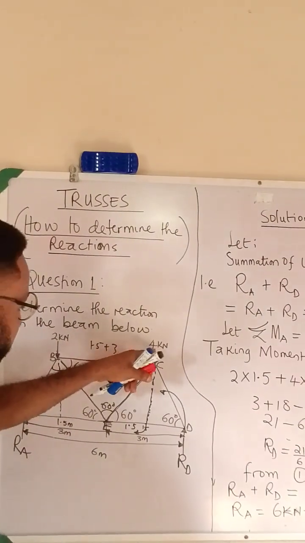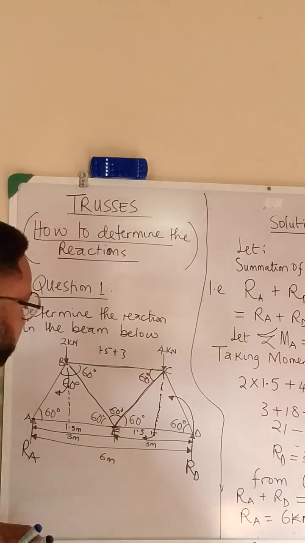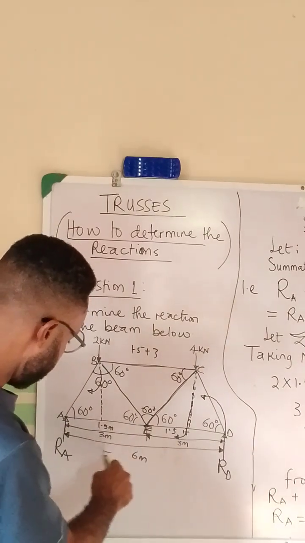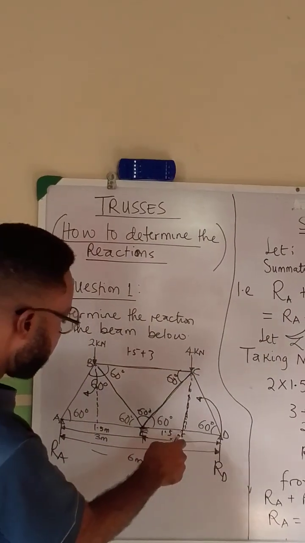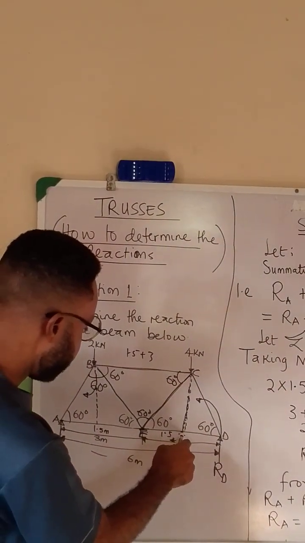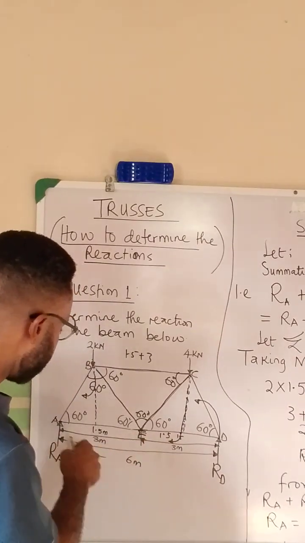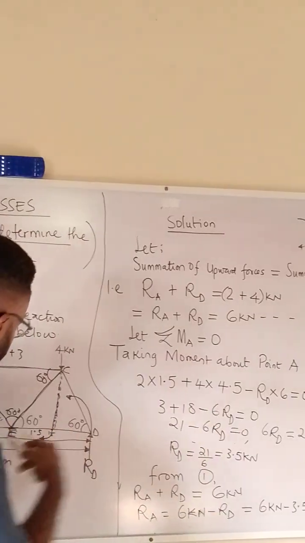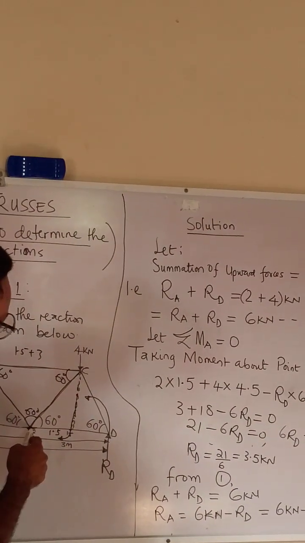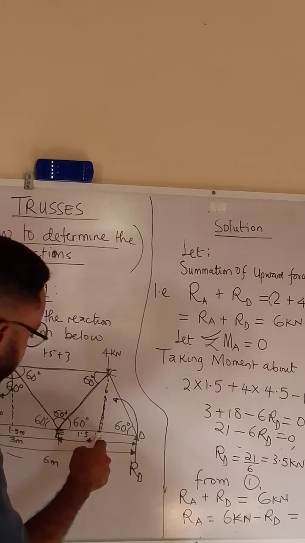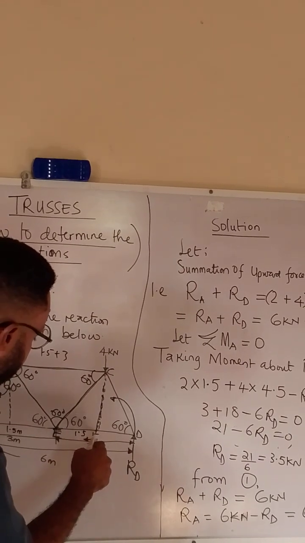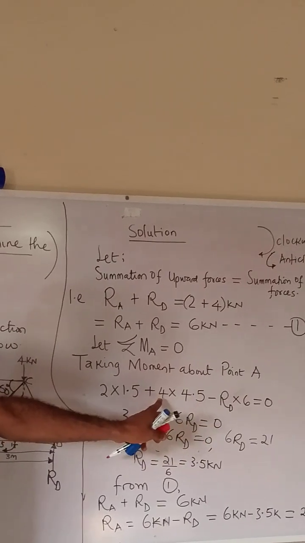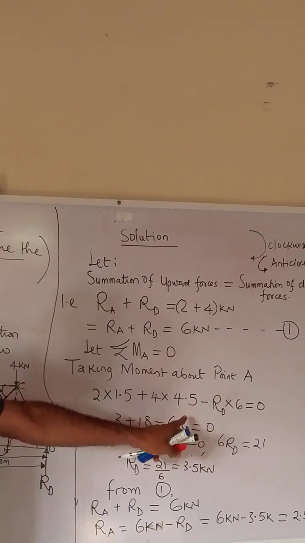For the second force, 4 kilonewton, it will move from this point down and then turn to this point. It covers 1.5 in the first part and 3 meters in the second part, so it covers 4.5 meters. That's why we have 4 times 4.5.